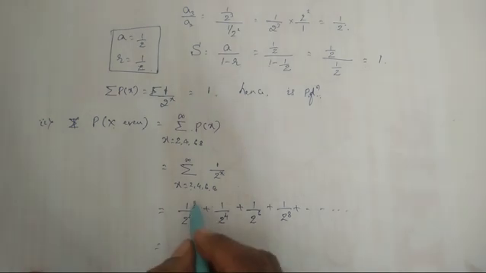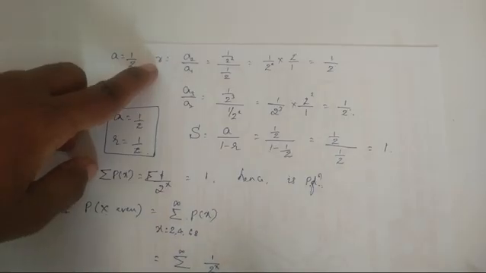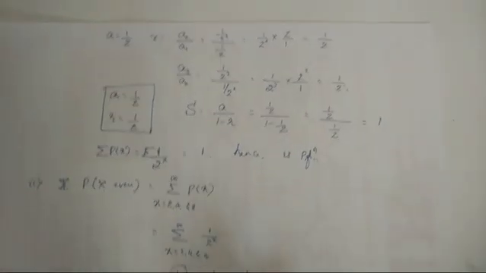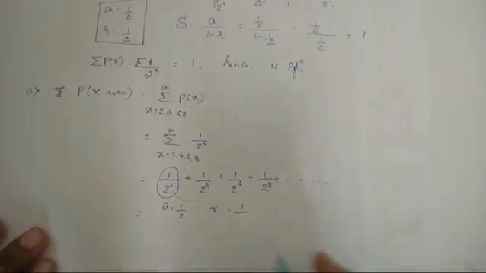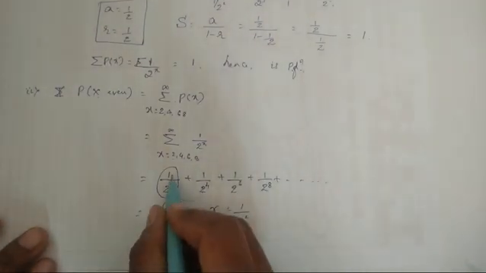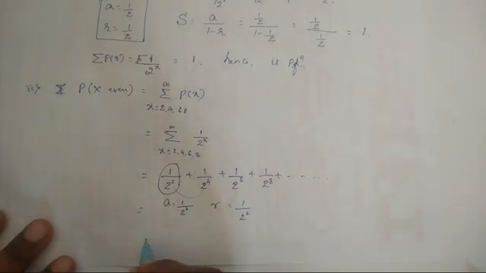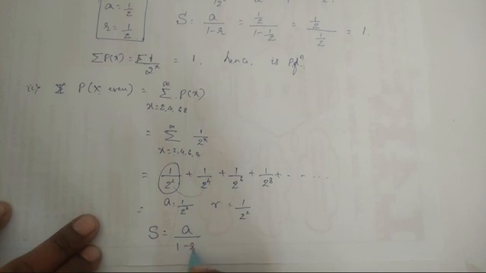In this case, the first term a is equal to 1 by 2 square, and if you find the common ratio, r is equal to a2 by a1, a3 by a2, the common ratio we will get is 1 by 2 square. So the sum, S is equal to a by 1 minus r.